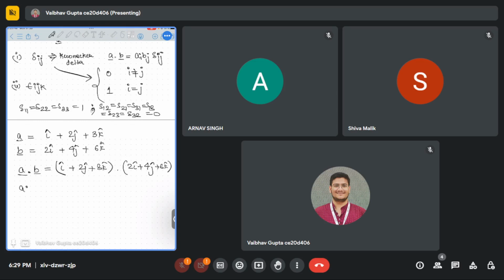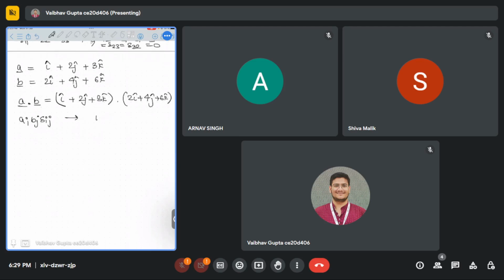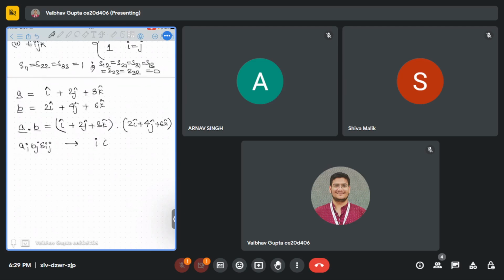It's like A_i B_j delta ij, where i belongs to 1 to 3 and j belongs to 1, 2, 3, because 3 terms are there in each one.